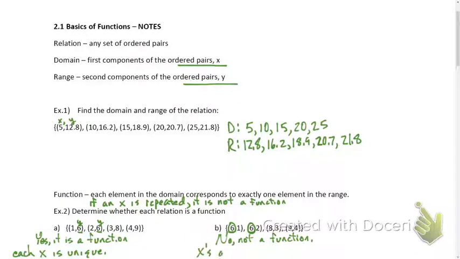X's are repeated. And then to narrow that down to 6's are used. There we go. All right, now let's look at some actual equations and determine if it's a function.